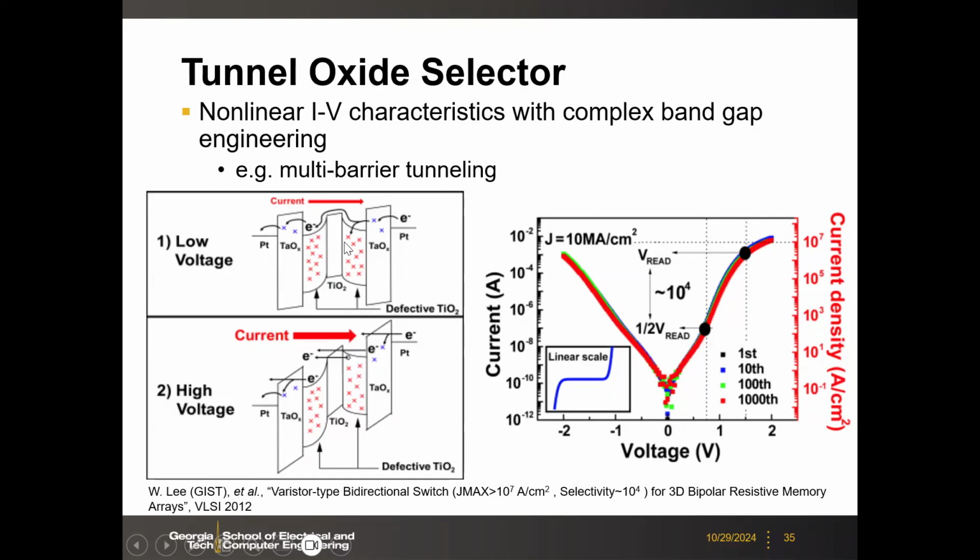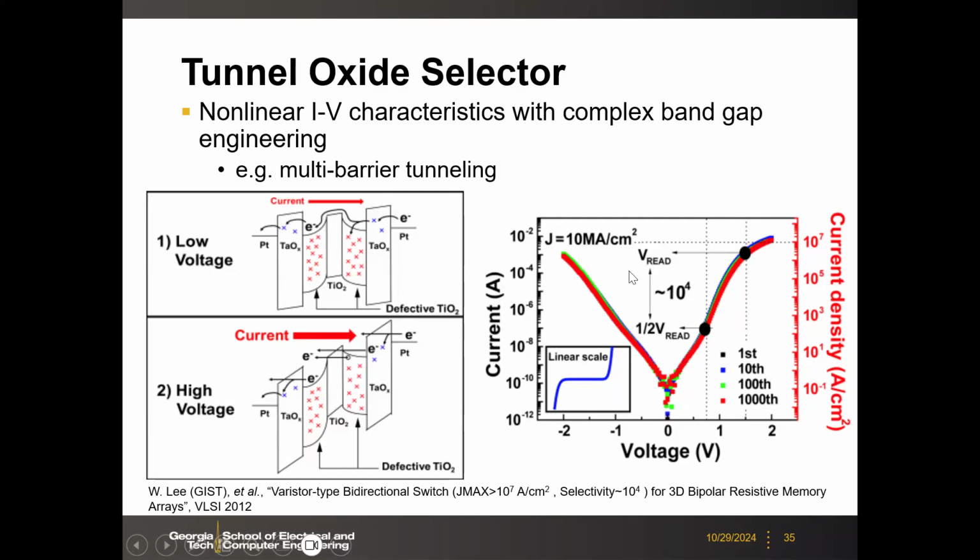Because if you look at the band diagram, at low voltage you have different oxides, let's say tantalum oxide and titanium oxide, which have high and lower band gaps. At low voltage, the tunneling current needs to go through the entire stack, so it's pretty small current. At high voltage, the band is bending, and then you have only one layer to tunnel through. So this is kind of the FN tunneling.